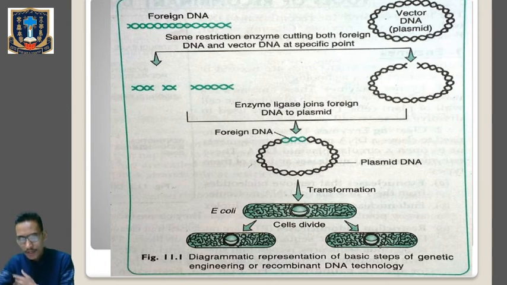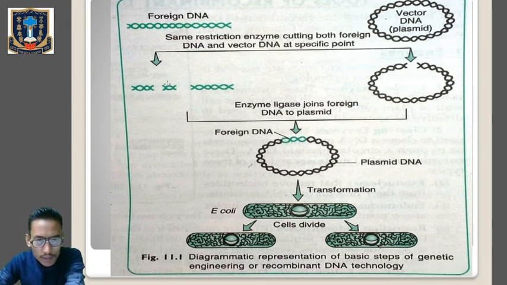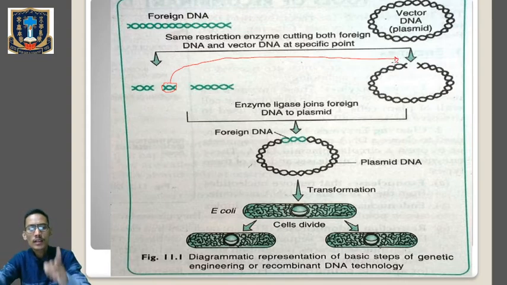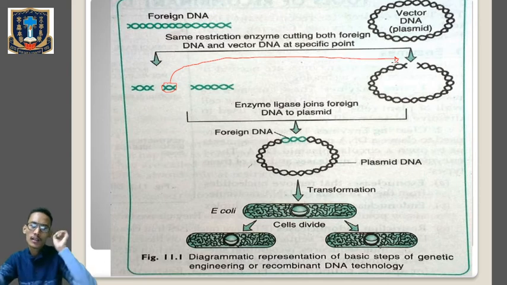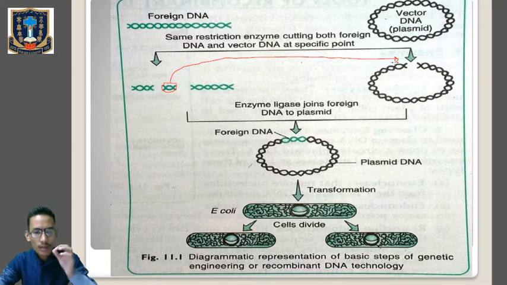Next we will ligate, or join, this segment of DNA having the gene of interest into the plasmid vector. Remember, the same enzyme has to be utilized to cut the foreign DNA and the plasmid vector. Clear? We will not use two types of restriction enzymes.